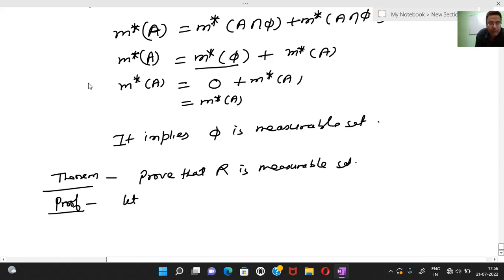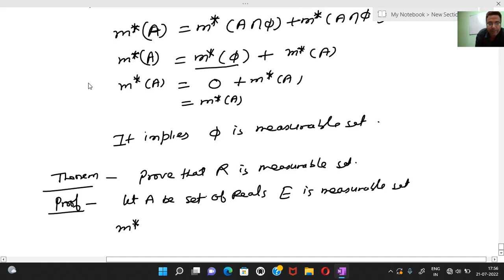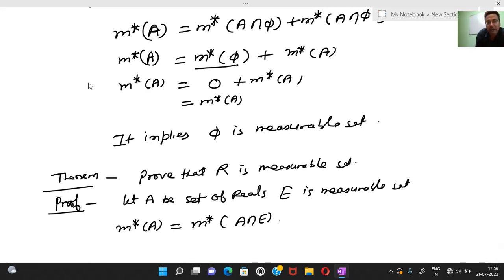Let A be a set of reals, and E is a measurable set. Then we know the definition of measurable set: outer measure of A is outer measure of A intersection E plus outer measure of A intersection E complement.